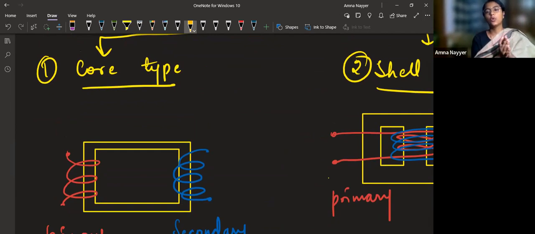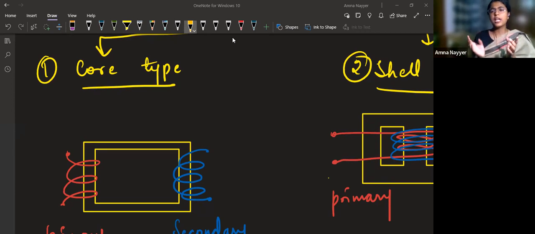There are two types, shell type and core type. These are classified on the basis of their construction. Depending upon the work they perform, we classified them as either step up or step down. Depending upon their construction, transformers are classified as core type or shell type.